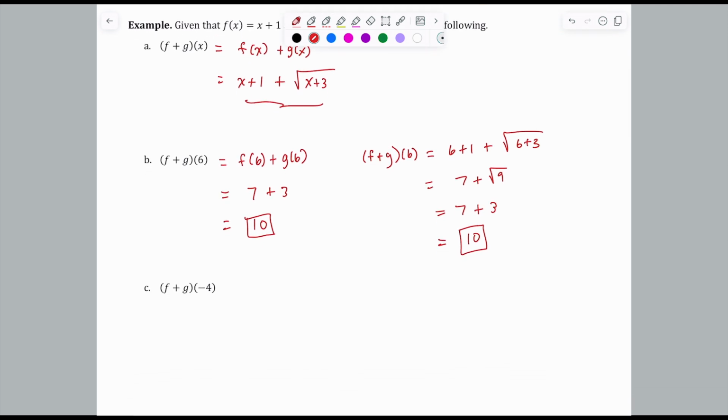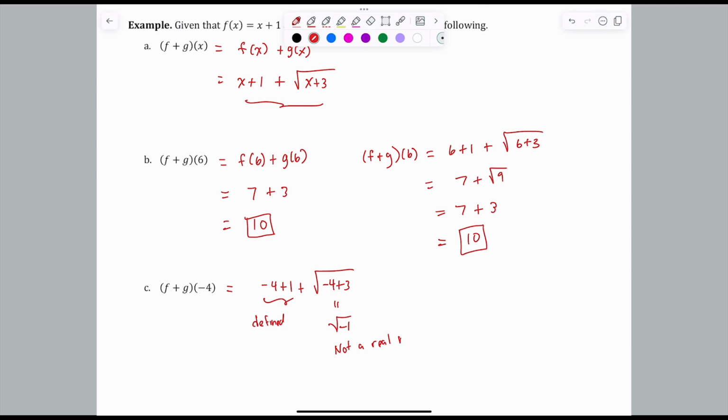All right, f plus g of negative 4. In other words, f plus g evaluated at negative 4 is found by plugging negative 4 into f. Well, actually, I'm just going to plug it into the formula here. And so we have negative 4 plus 1 plus the square root of negative 4 plus 3. And notice this here is defined, but if you evaluate this here, that's the square root of negative 1, which is not a real number.